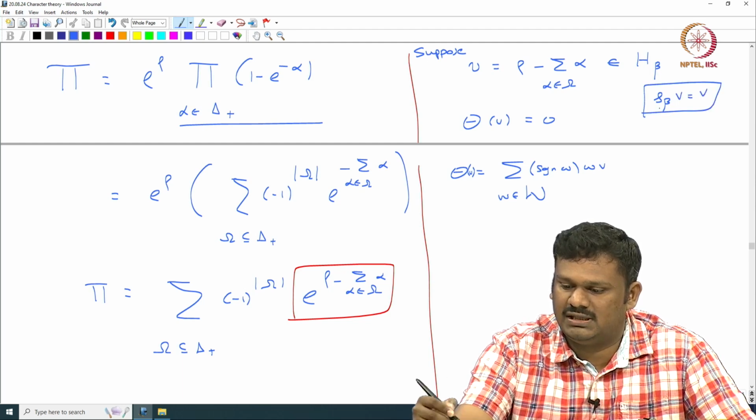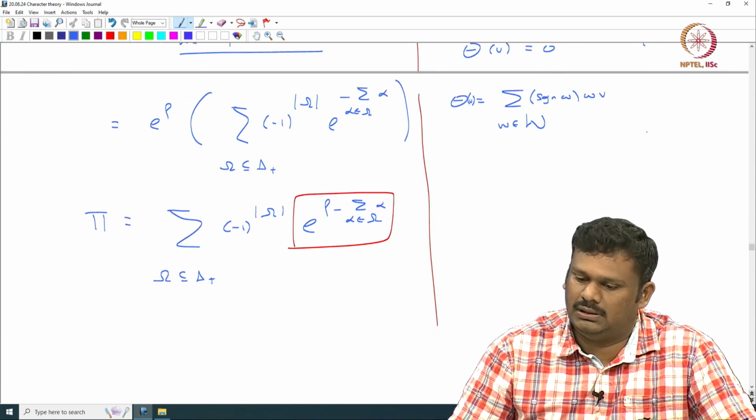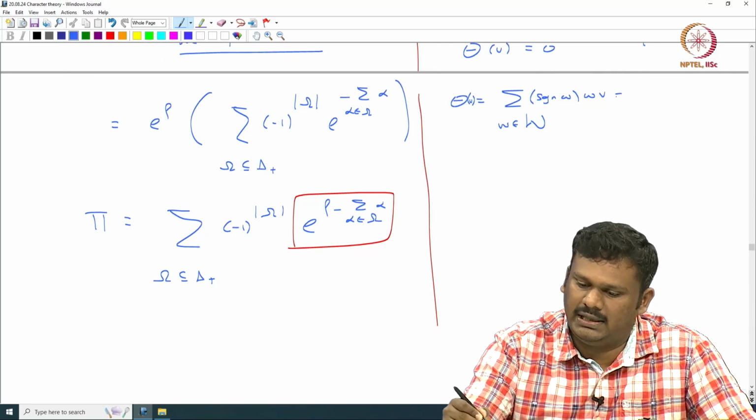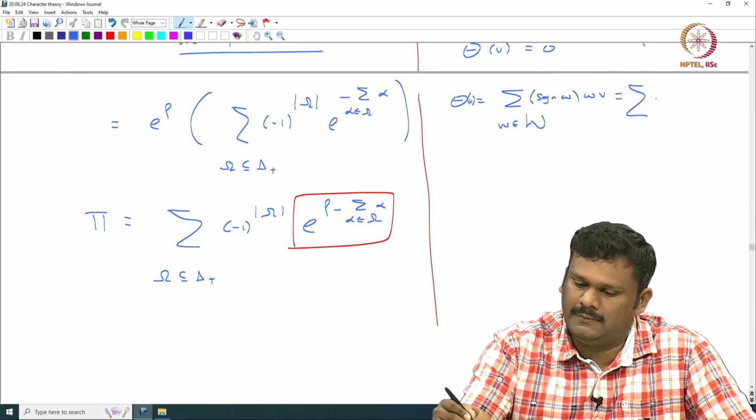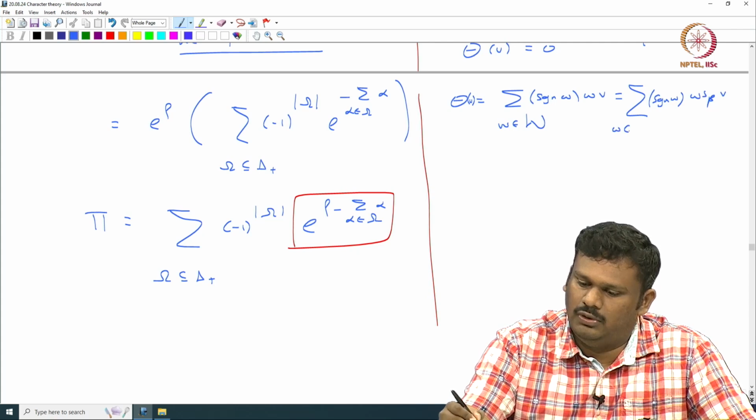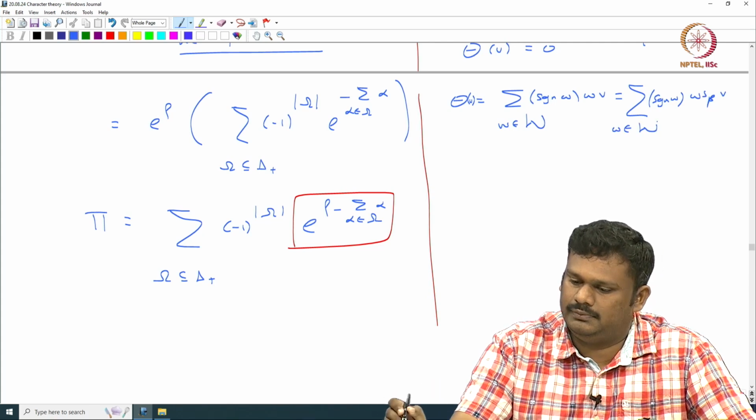So, it just fixes it. So, then if you multiply by s beta, what do you get? This is something you can rewrite as summation sign of w times w s beta v, where w comes from W. Okay.